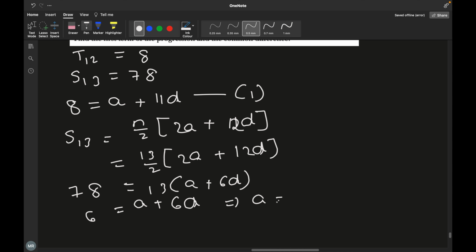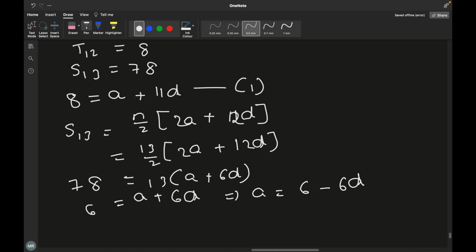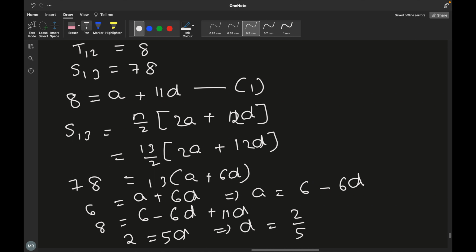This implies that a is basically 6 minus 6d. If we plug this back here, we get 8 equals 6 minus 6d plus 11d, and then we get 2 equals 5d. Implies d is 2 by 5.